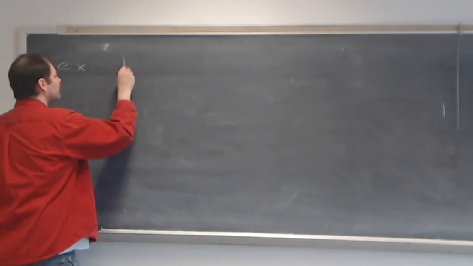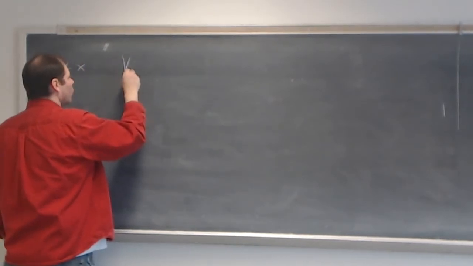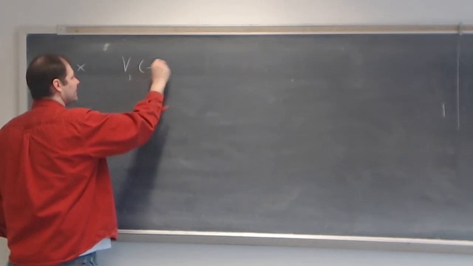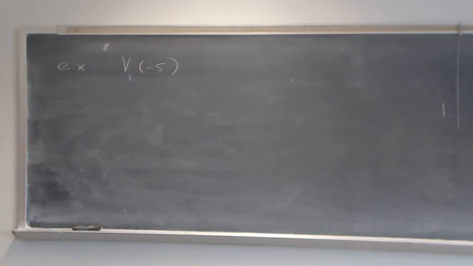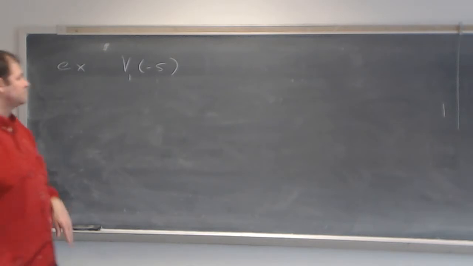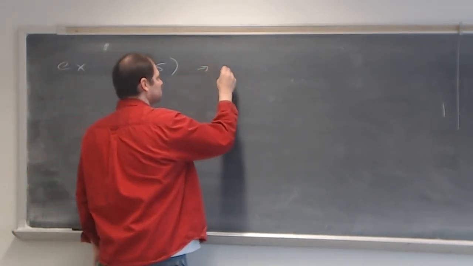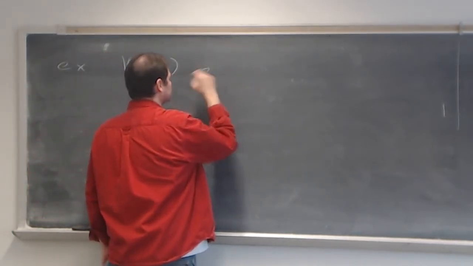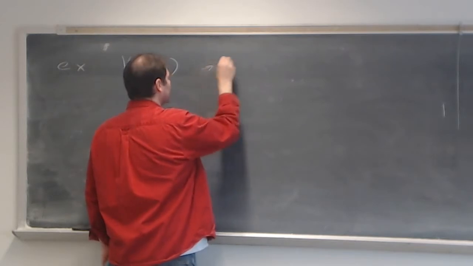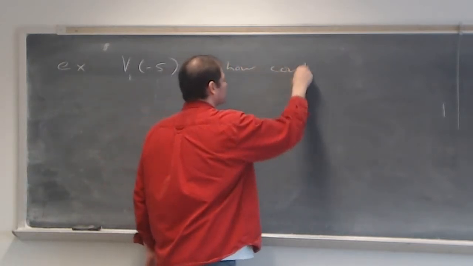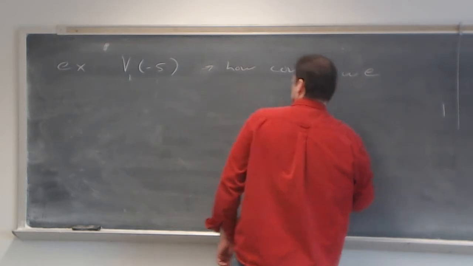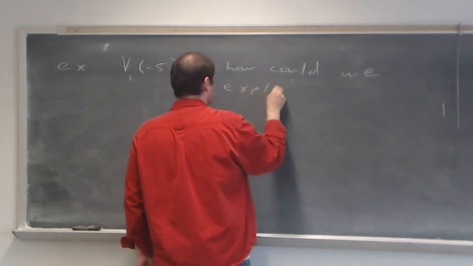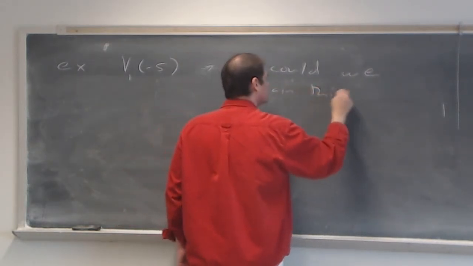So let's say I looked at V sub 1 of minus 5. Somebody said, what is that? How could we explain this neighborhood?